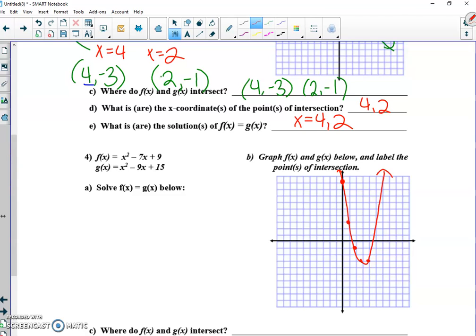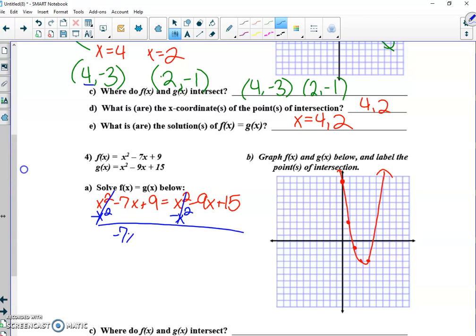Okay, and then, all right, so let's solve this algebraically by setting these equal to each other so we can see where they're going to cross, so that when I graph it, I can make a little more sense of it. What happens with this one is a little different, because if I subtract over the x squared, these are both going to cancel out.